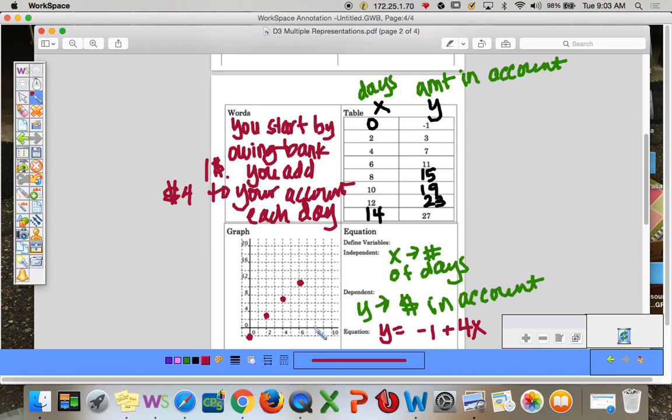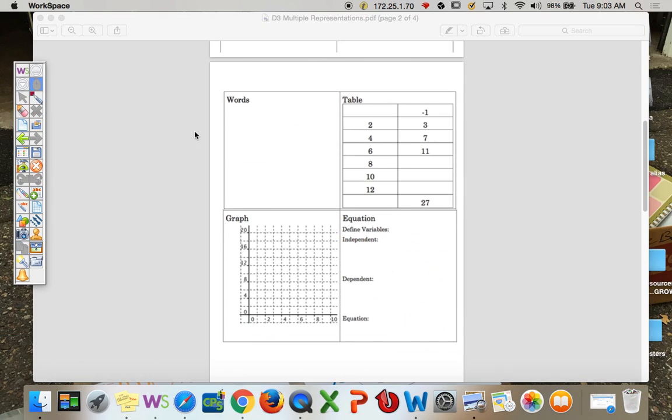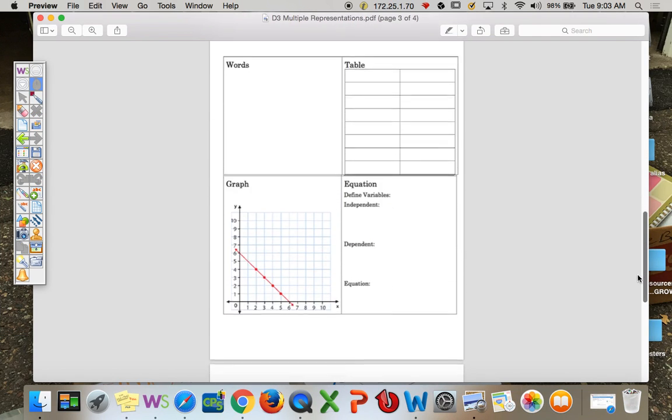At 8 it's $15. At 10 it is $19 in the account. All right, so it makes a straight line right here. So this time we went from the table to all of the different models. We have 2 left. Let's go from the graph to everything else.